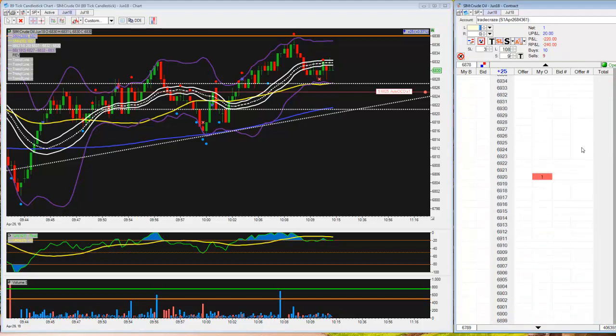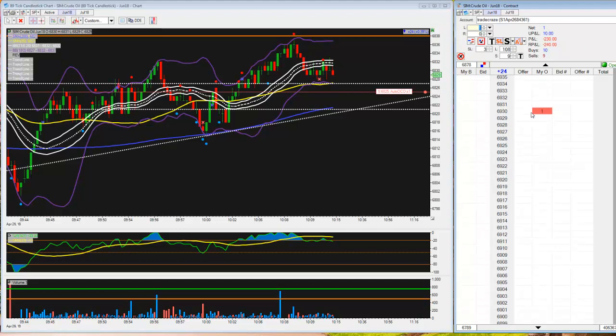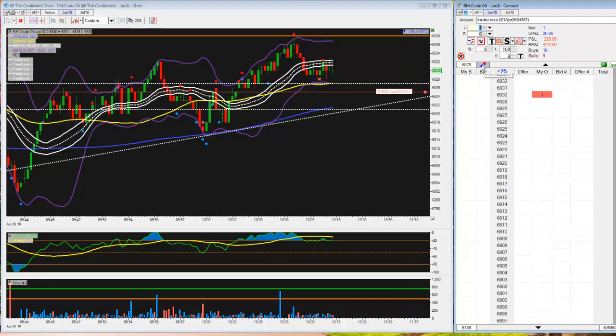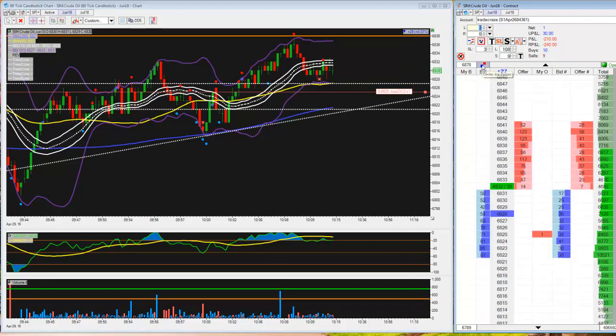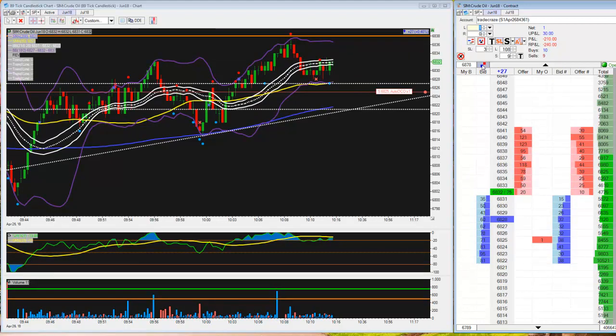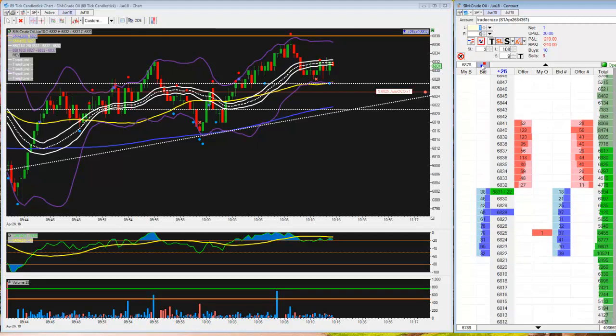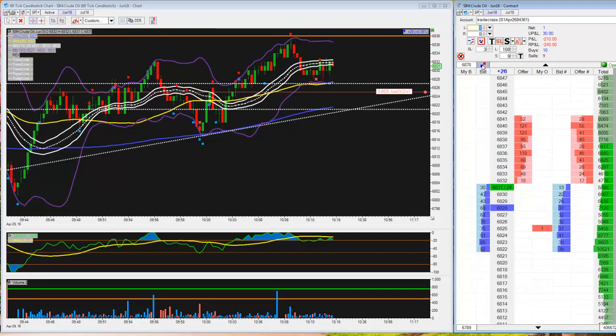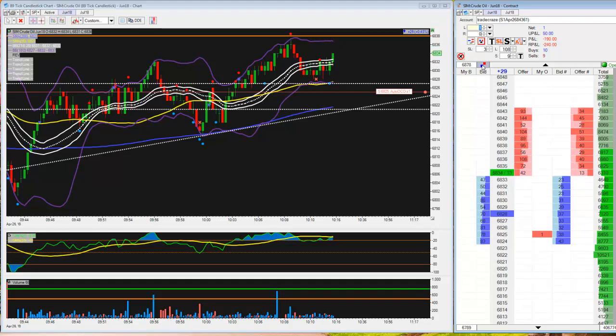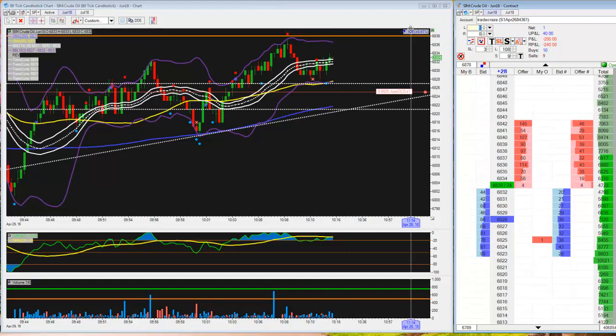69.30 is our target. One P target going up from entry 68.44 now.